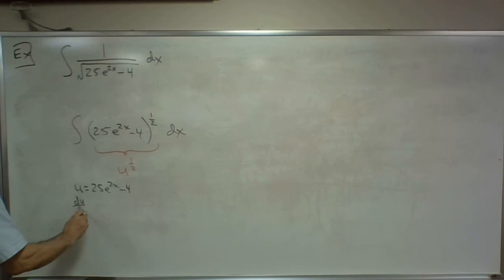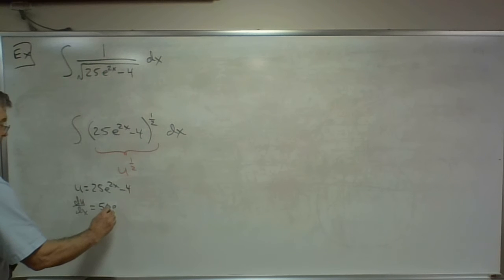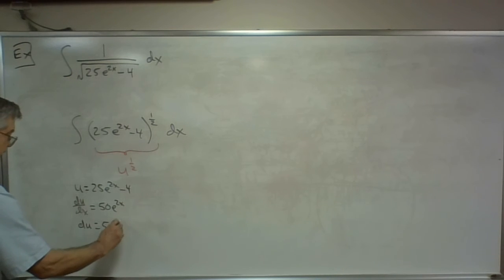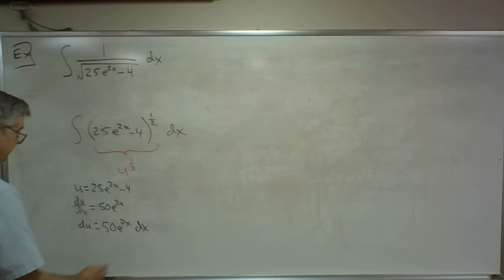And du dx is 50 e to the 2x. And du is 50 e to the 2x dx. Son of a gun.